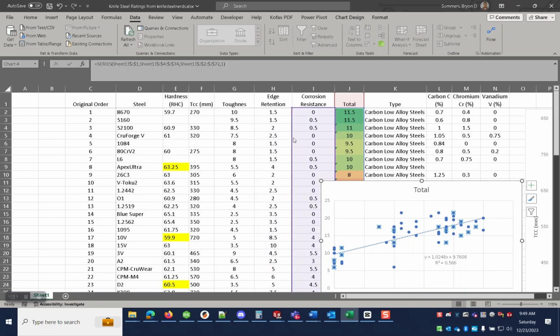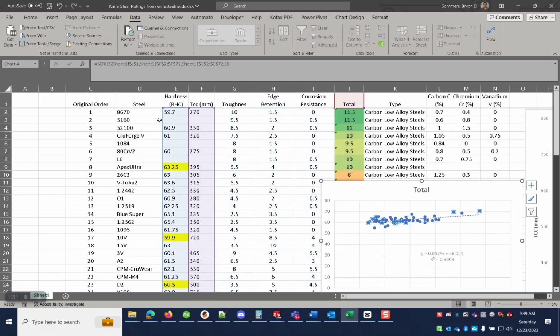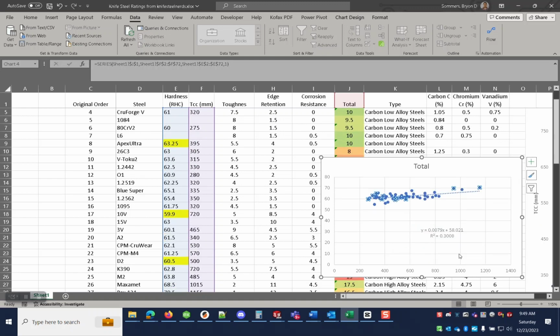It's definitely interesting. If I swap some of these around, so if I go back to total cards cut, instead of plotting my total against cards cut, let's just do some others. So hardness against total cards cut. 0.3, so 30% R squared. There's a relationship there.